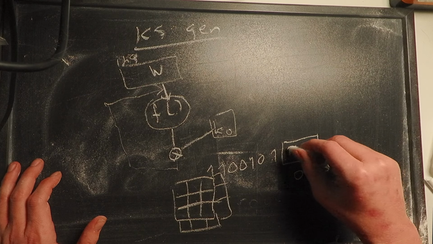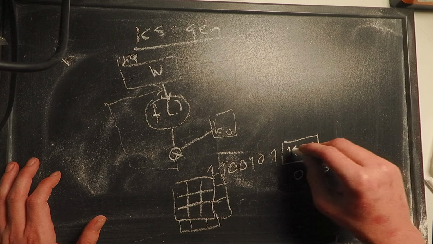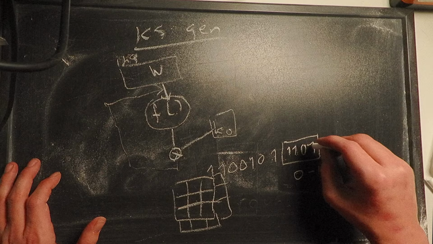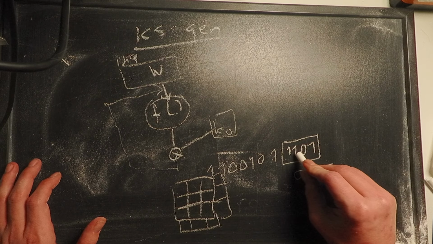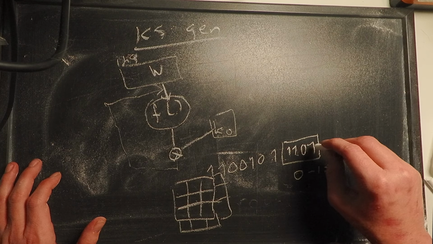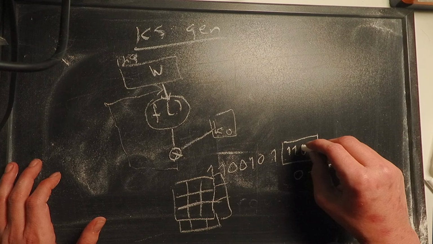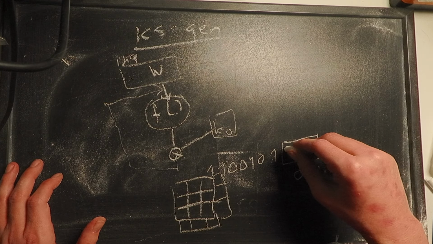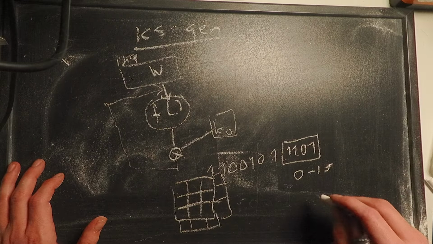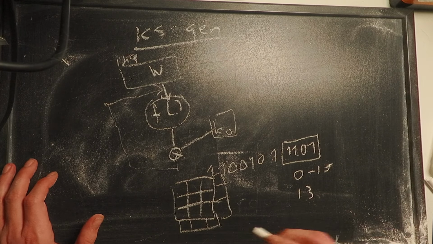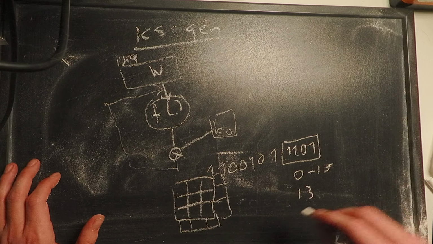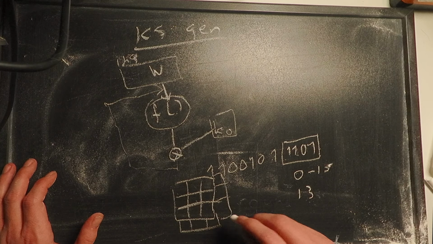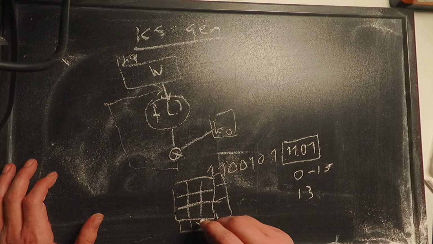So let's say these last 4 bits are like this. So 1, 1, 0, 1. So this is 1, this is 2 place, 4, so it's 5, and 1, 2, 4, 8. So 12, 13 in this case. Which means that we take the box with index 13, which is this one right here.